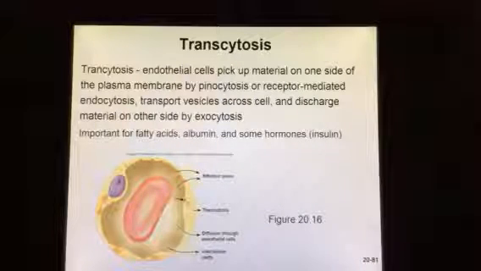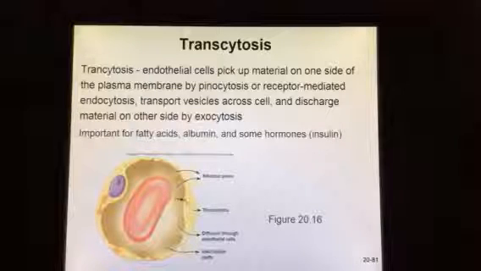Okay, the next type of movement from the capillaries is called transcytosis. We've talked about exocytosis, endocytosis, pinocytosis, and so this is kind of one more type of movement. What happens here is that endothelial cells pick up material on one side of the plasma membrane by pinocytosis or endocytosis.